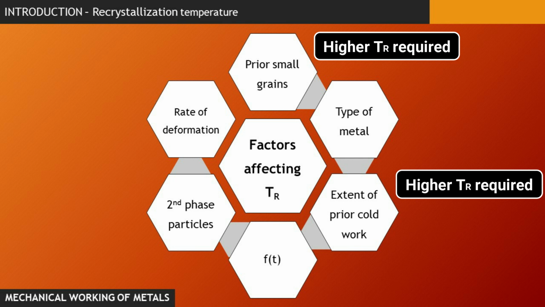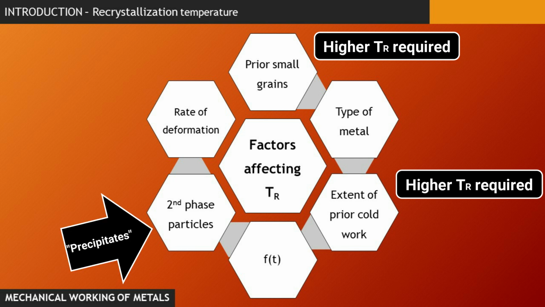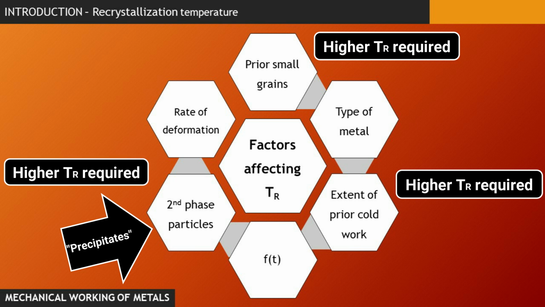Now, the presence of second phase particles is another story. The second phase particles, or popularly known as precipitates, impede the movement of dislocations throughout the lattice, and they add second phase strengthening to strain hardening, and these lead to the requirement of even higher recrystallization temperature.